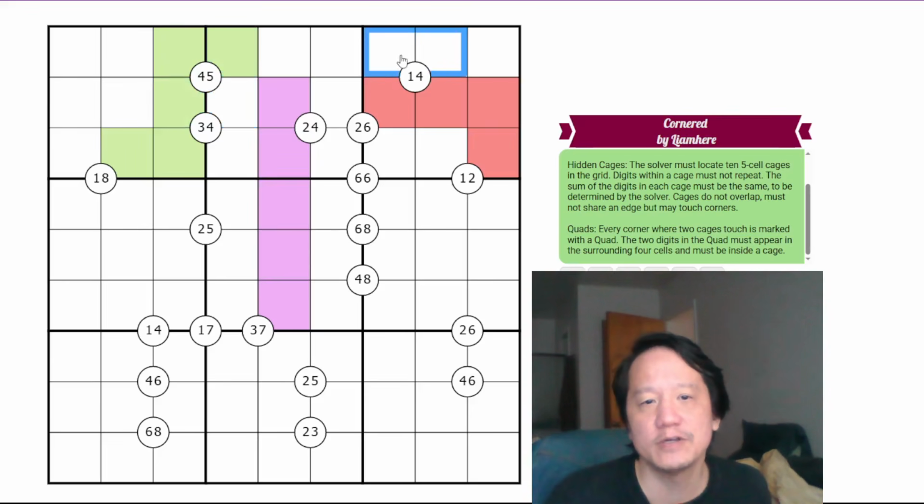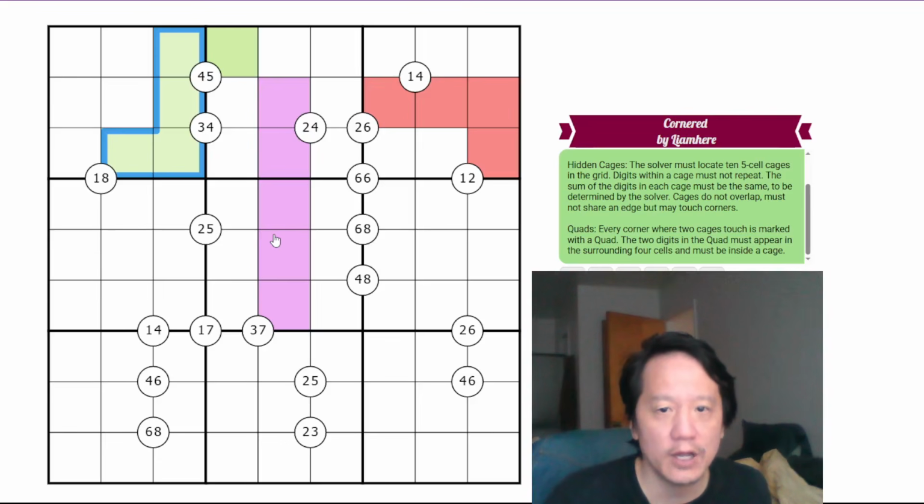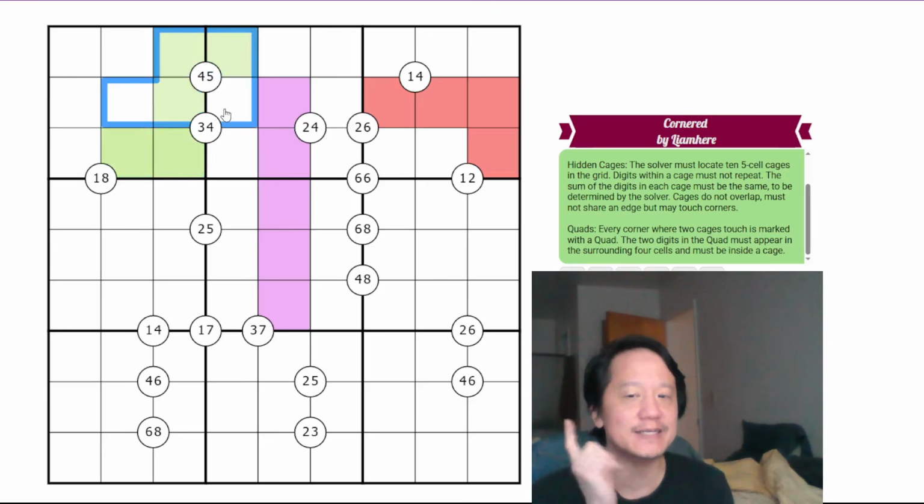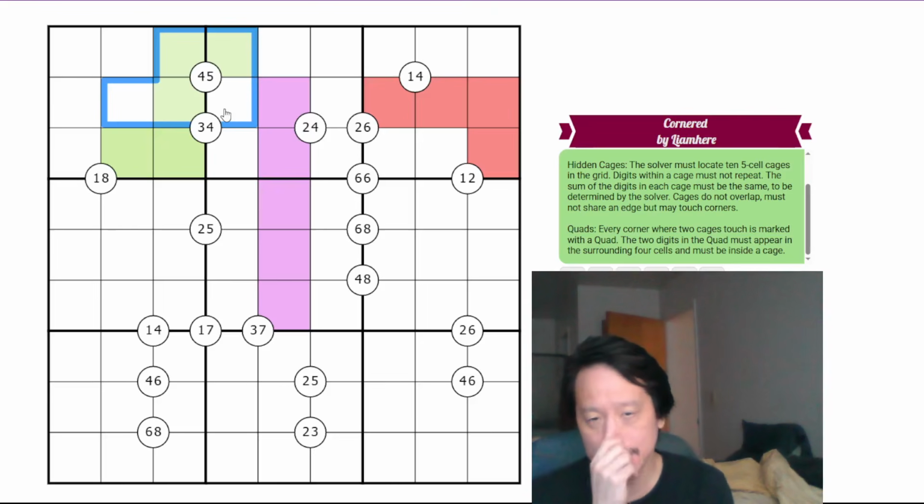So every place where there is a quad, that is where 2 cages touch in a corner. And the 2 digits in the quad must appear in the surrounding 4 cells and must be inside a cage.